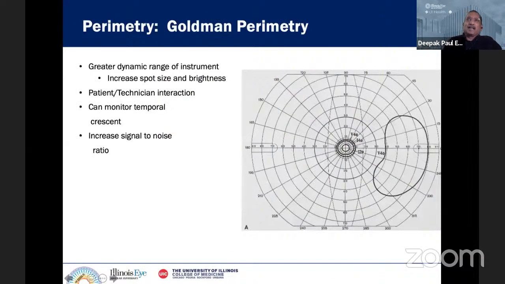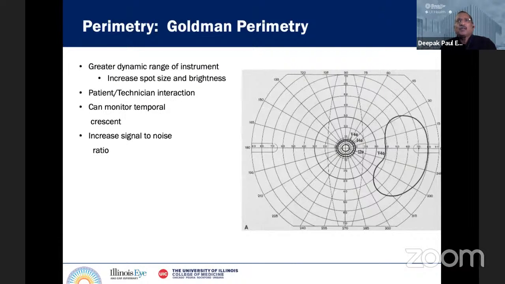Goldmann fields are nice, but of course, it depends on whether you have it in your office. Some of the newer machines, the ones by Haag-Streit, have this incorporated as part of the testing strategy. There is, of course, a qualitative degree to this, but most importantly, you really need to have a good perimetrist who understands the test.